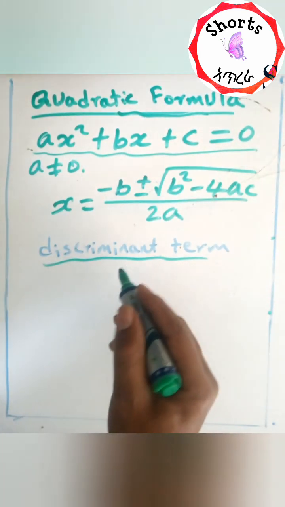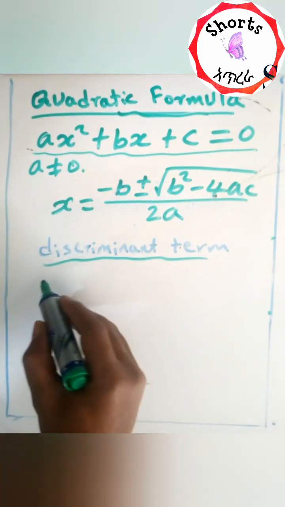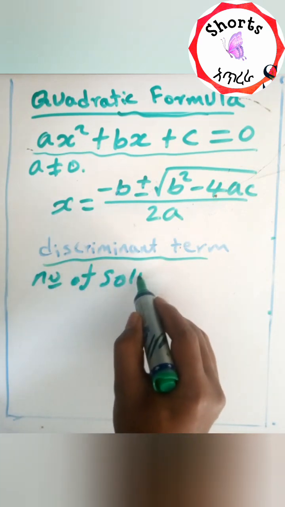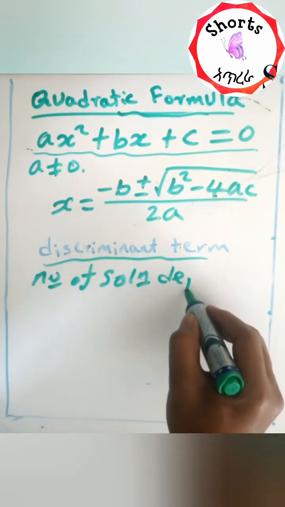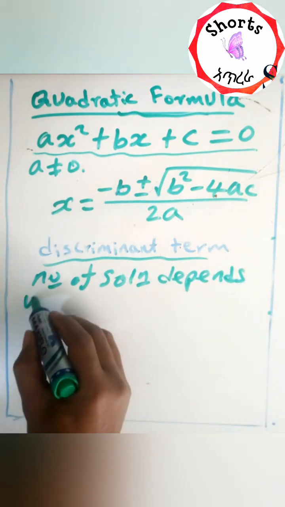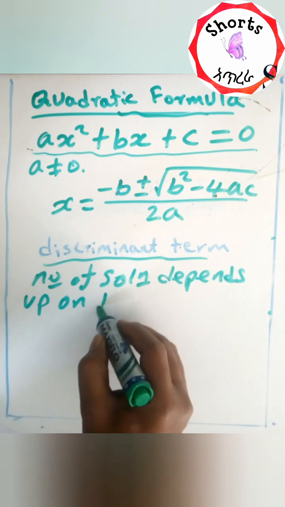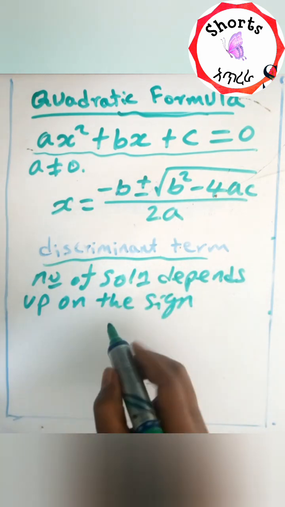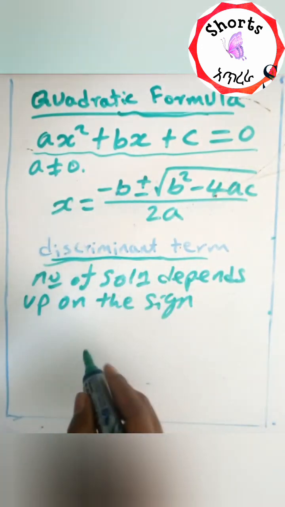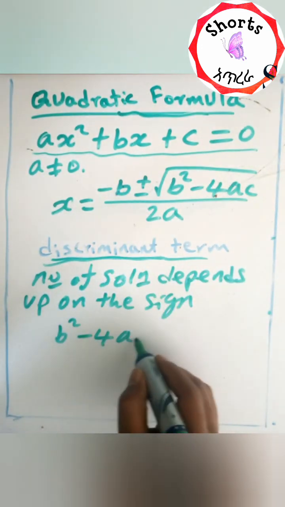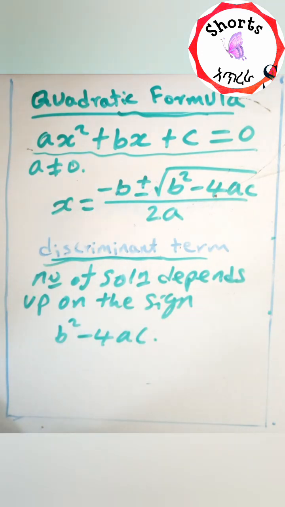Therefore, for a quadratic equation, the number of solutions depends upon the sign of the discriminant term b square minus 4ac. For this we have three cases.